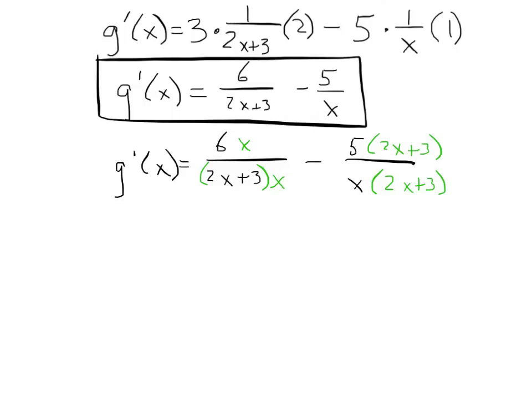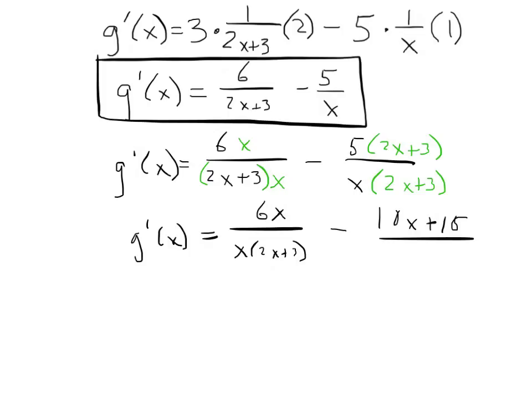If you do that, you'll get your common denominator. So let's see, what would we have? This would be 6x over x times 2x plus 3 minus 10x plus 15 over x times 2x plus 3. Sorry for that messy 5 up there. There we go.